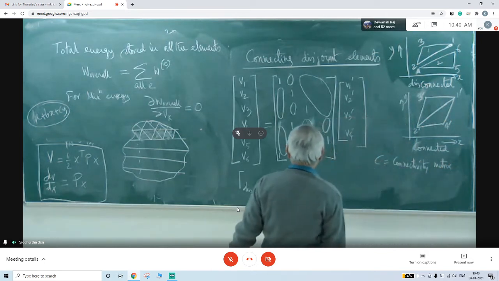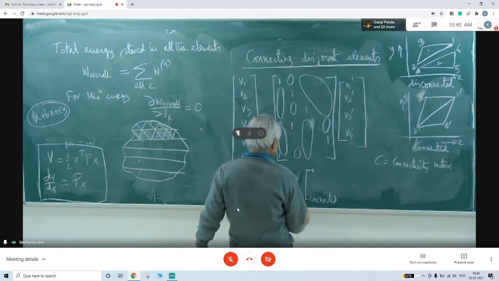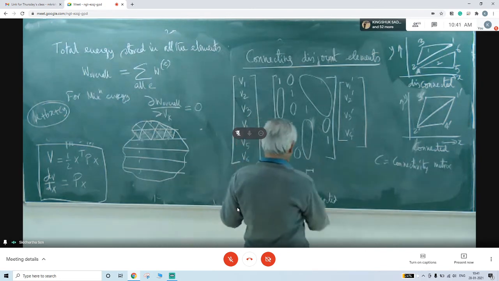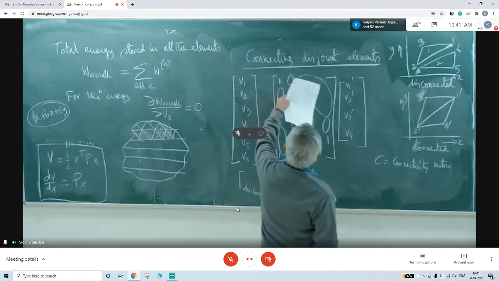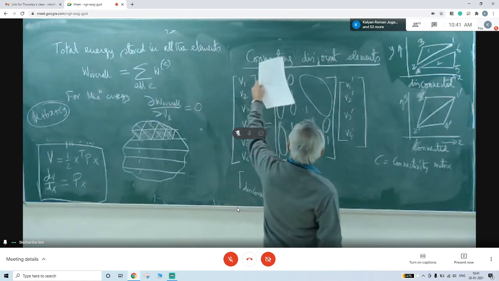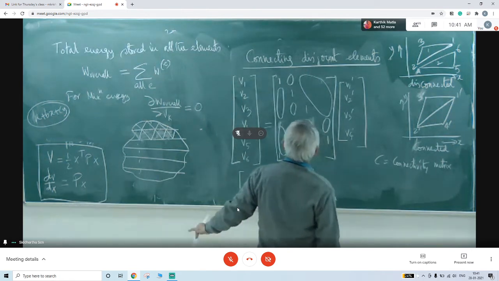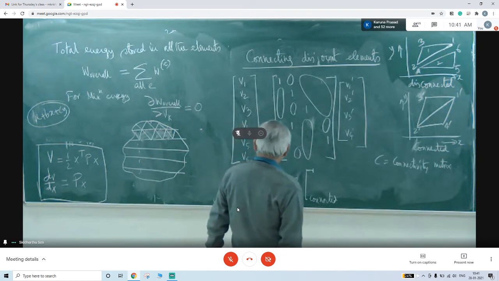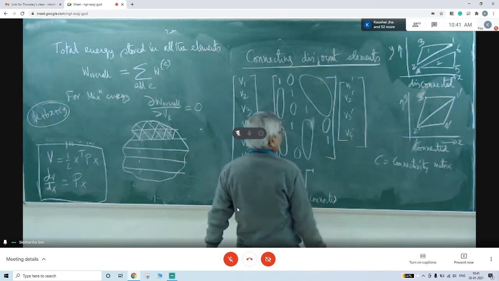And obviously, what is the connectivity matrix? In this case, it is actually a 4 by 6 by 4 area. Okay. So there is a connectivity area.